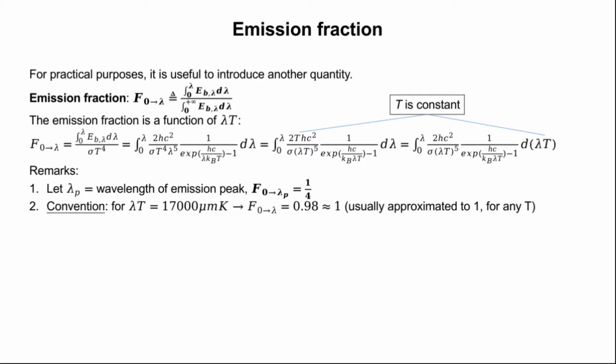Two things should be noted about this function. 1. Let lambda p be the wavelength corresponding to maximum emissive power. The emission fraction from 0 to lambda p is 1/4. 2. For lambda T equal to 17,000 micrometers kelvin, the emission fraction is 0.98 and it is usually approximated to 1, which means that the whole emissive power is considered.